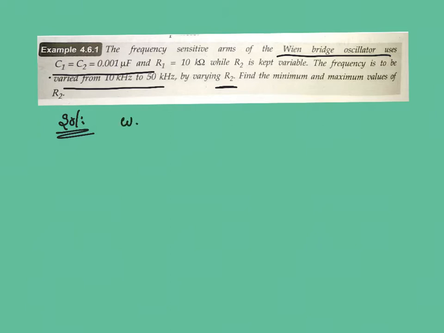We know that the frequency of the oscillator is given by f is equal to 1 by 2 pi root over R1 R2 C1 C2. In the question he has given the frequency is varied from 10 kHz to 50 kHz.